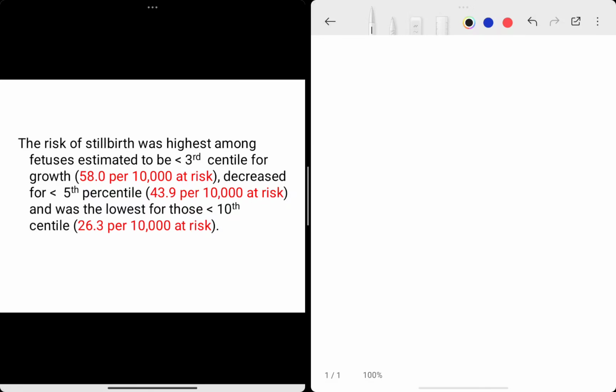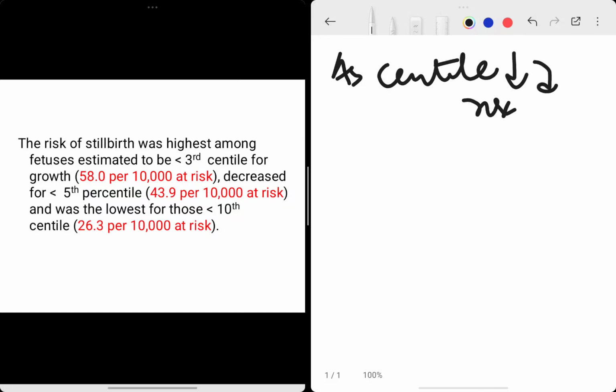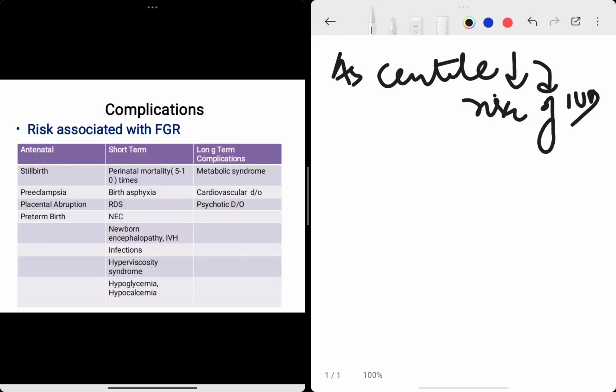The risk of stillbirth was highest among the fetuses estimated to be less than 3rd centile for growth. So as the centile decreases, the risk of IUD, that is stillbirth, increases.